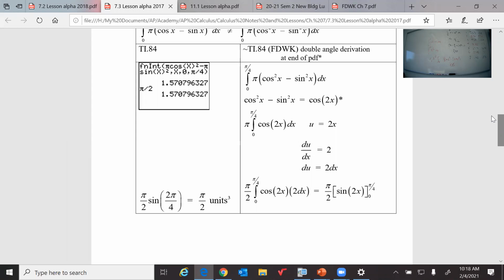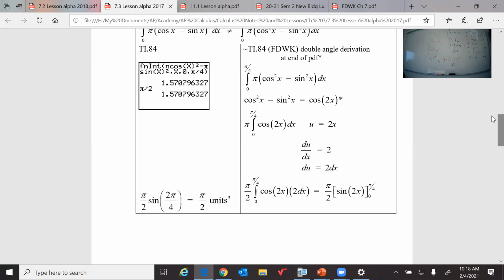So, here's what happened. Mu is 2x. D mu of 2x, d mu dx is 2. So I need 2 dx, and I differentiate this. So I put a 1/2 out front to balance multiplying by 2. Cosine is the derivative of sine. So it will give you sine 2x when you anti-differentiate it, times that pi over 2, from pi over 4 to 0.